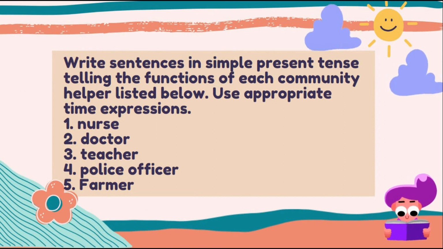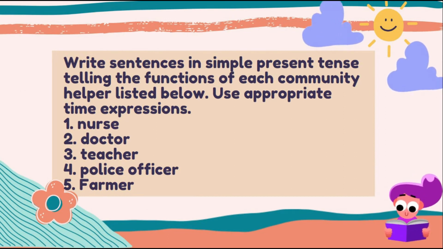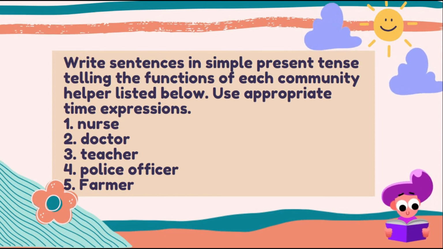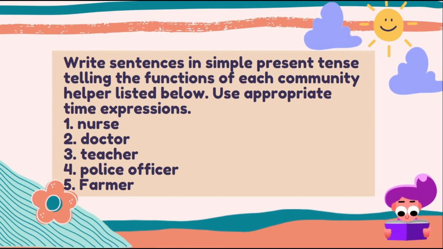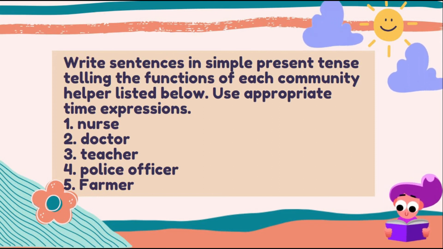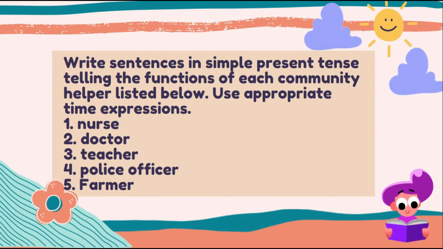And now, to apply all your learnings for today, I know you have learned a lot today. You are going to apply all the things you have learned today. Okay, and the task is to write sentences in simple present tense, telling the functions of each community helper listed below. Okay, so we have here 5 community helpers.